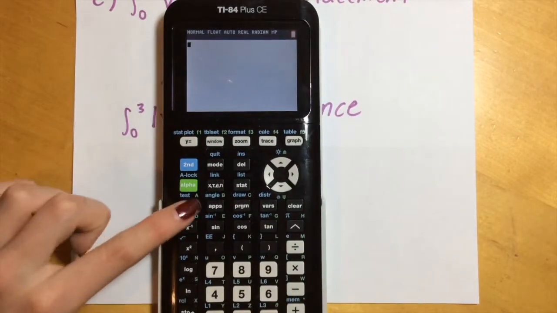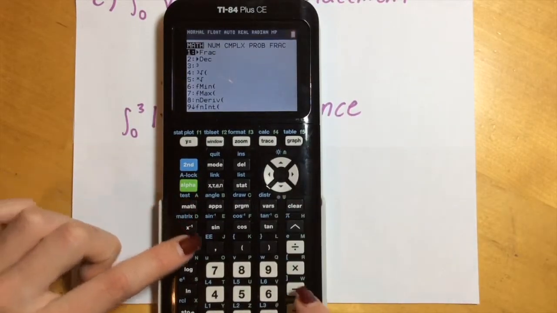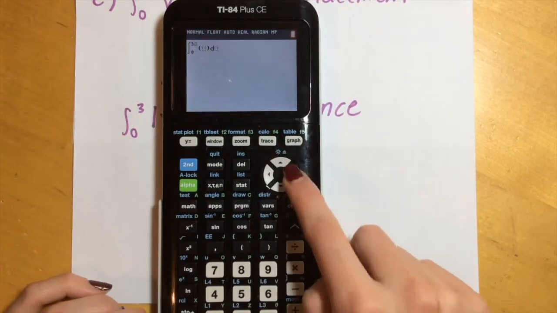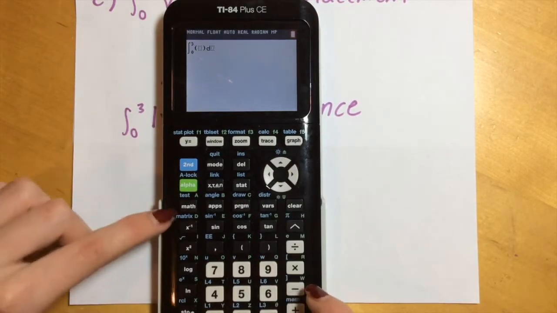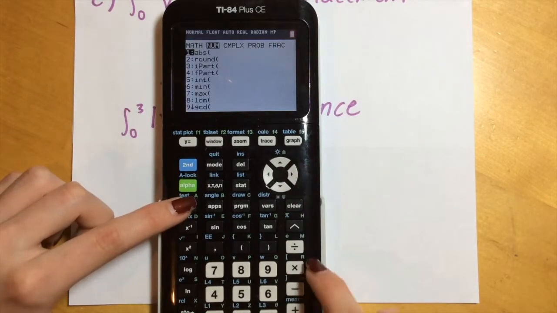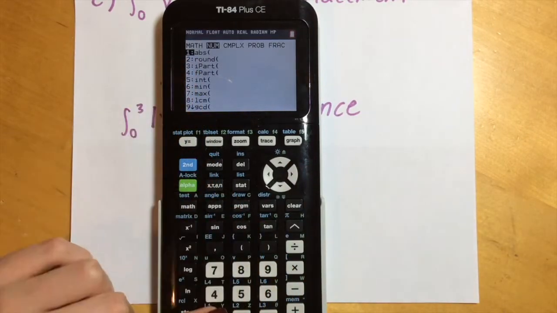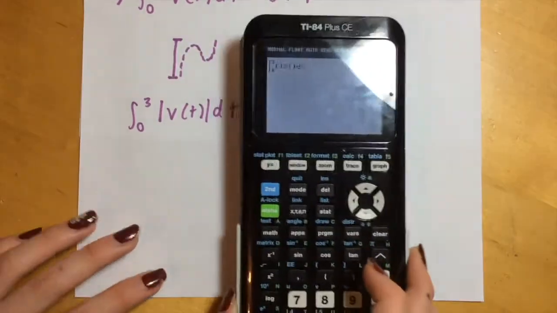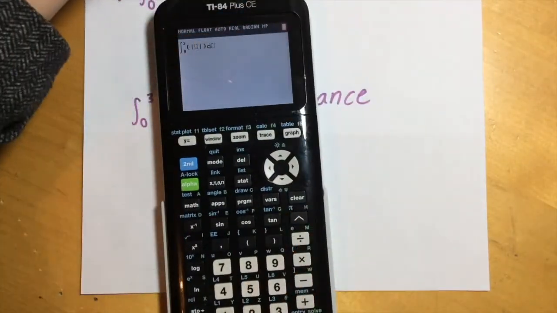So we click Math, and then Integral from 0 to 3, and then we do Math, Numbers, Absolute Value, and then from there we're going to plug in our velocity function.